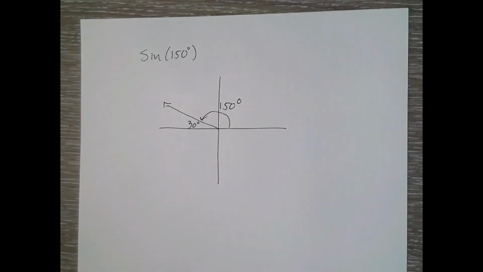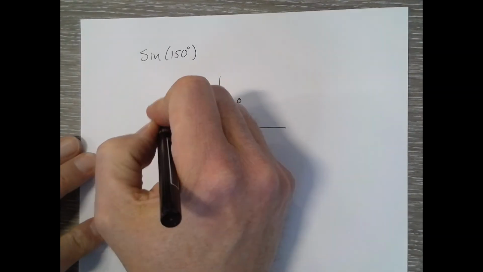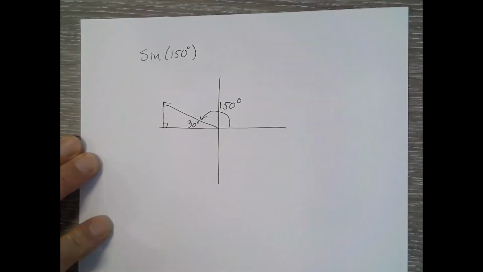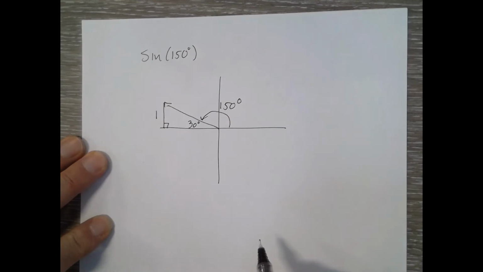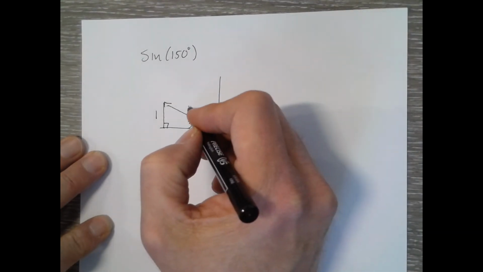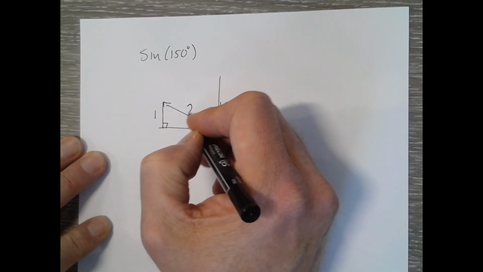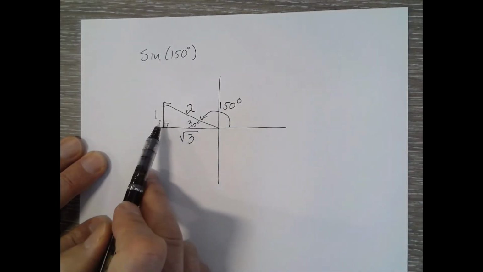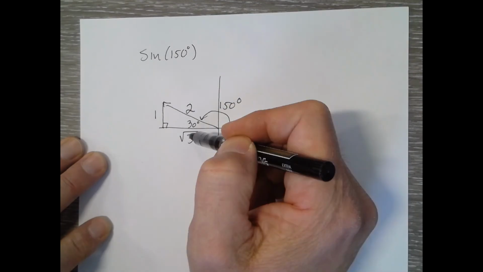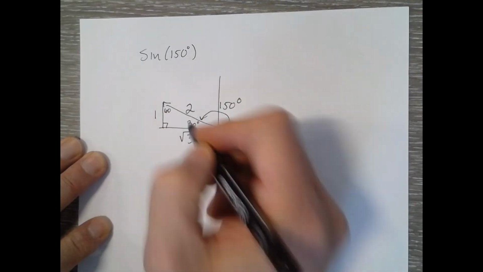Now we have to remember special right triangles. Across from 30 is always 1. The hypotenuse is always 2. And the other side is the square root of 3. Across from 30 is always 1. Hypotenuse is always 2. Across from 60 degrees is always the square root of 3.